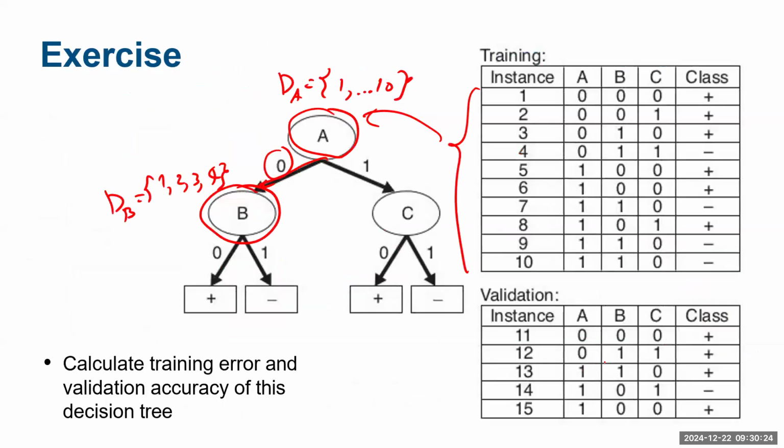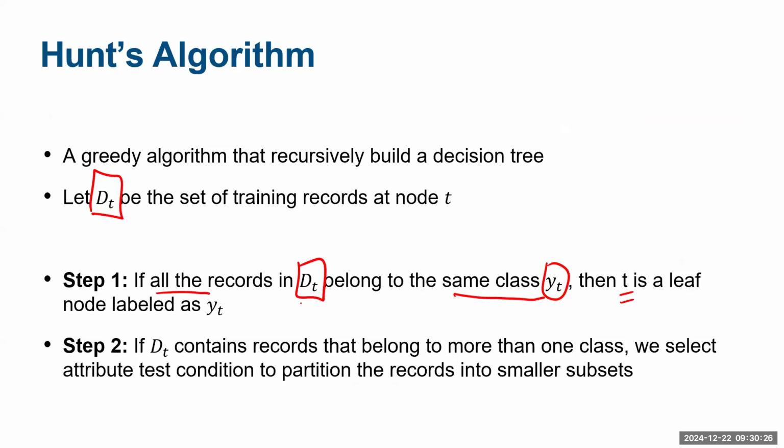When this node only has one class, you declare it a leaf node. You don't have to go any further. You stop here, and that is your answer. This is the simple case: all the records in Dt are in the same class, and that's the answer.